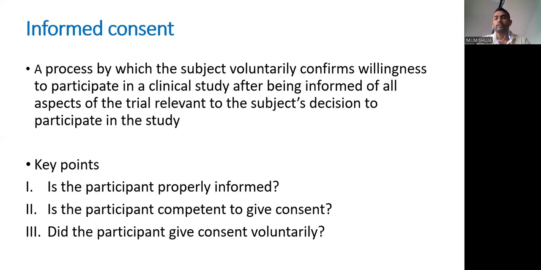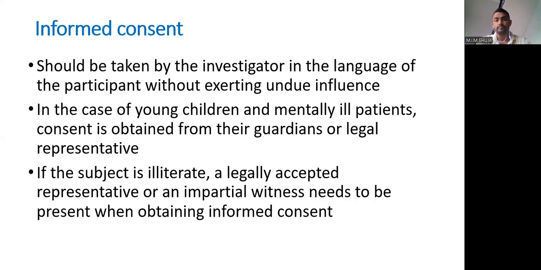Then informed consent: you have to explain to the volunteers the things we are going to do, what the possible risks are, and what the usage is for society. There are a lot of things in informed consent. It should be taken by the investigator in the language of the participant.